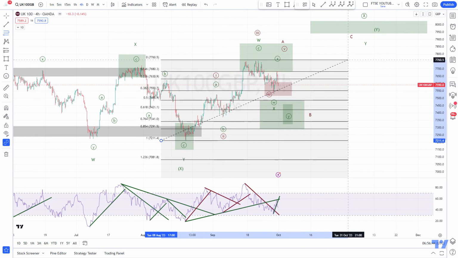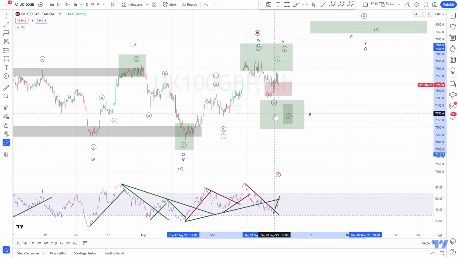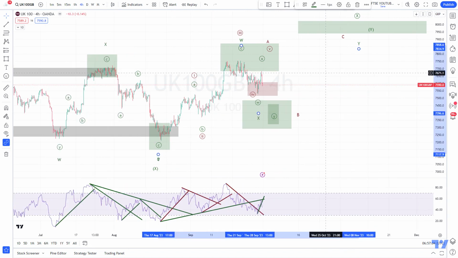If we take the length of the wave W here, then we know that we should go into the area between the 0.5 and the 0.854 Fib retracement. So this would then be the wave X area.